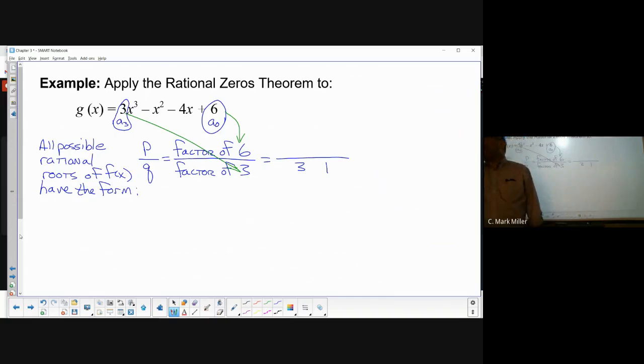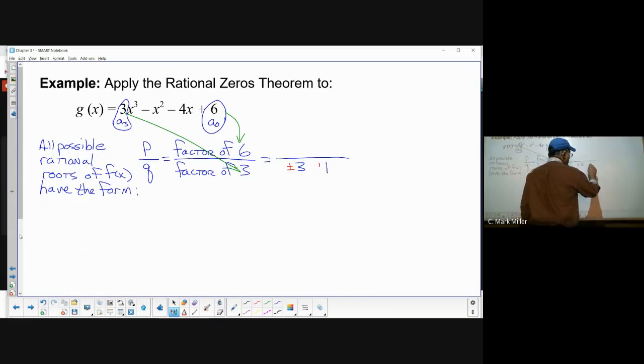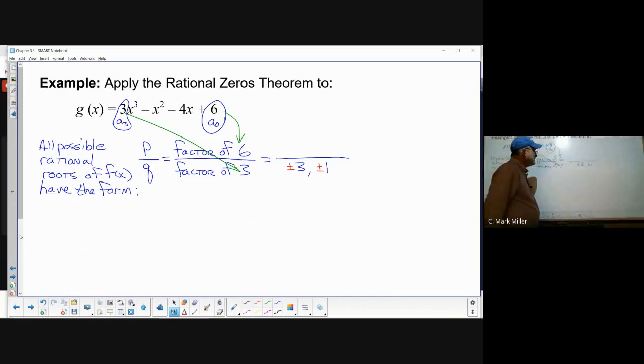However, we're going to have to count the negatives too. Because if 3 divides 3, well, negative 3 also divides 3. So here, very important, we put plus or minus 3, plus or minus 1. Those are the factors of 3.